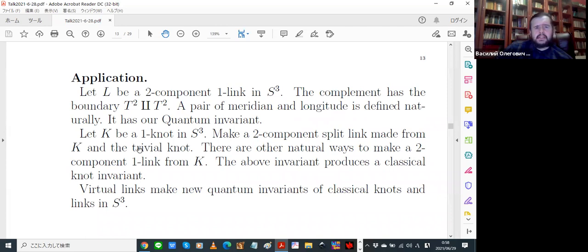Excuse me, but don't you think it will be just the usual invariant of the knot? It's quite important. If we take a split link, do you think that this split component will give any impact which is significantly different from the usual quantum invariant that we have?